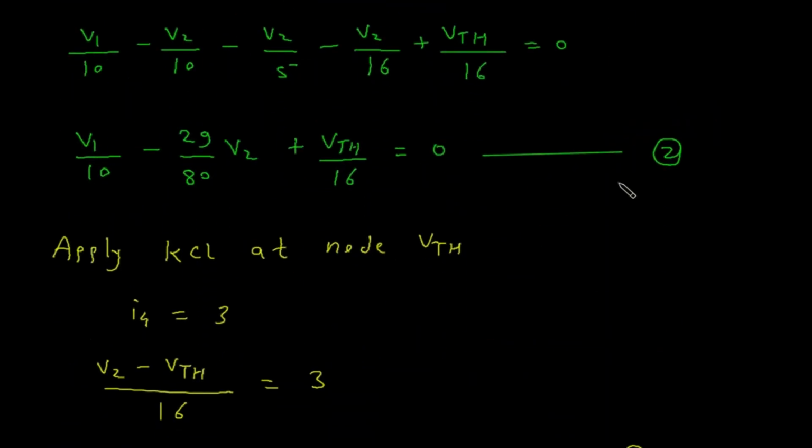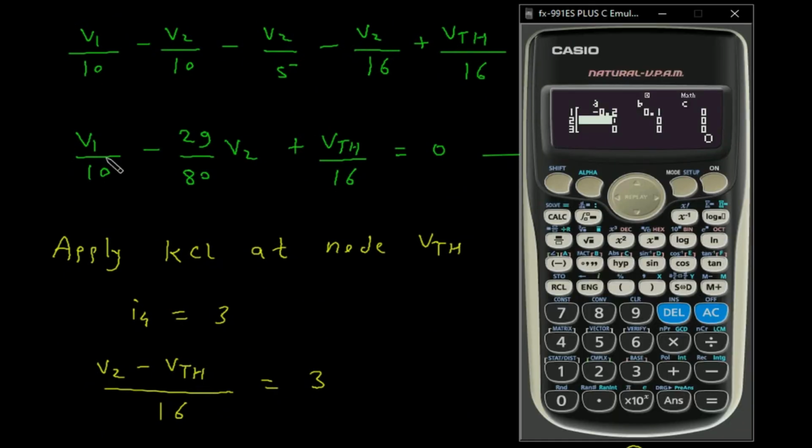From equation number 2, this will be 1 by 10, minus 29 by 80, 1 by 16, equal to 0.